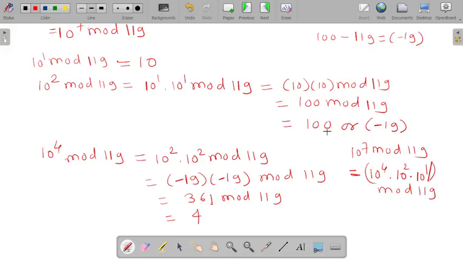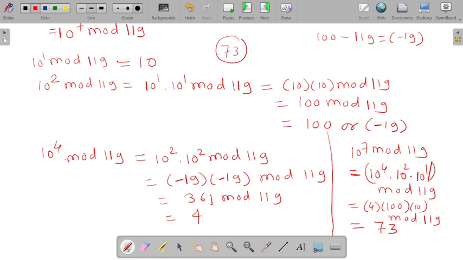After putting in the values, you get 4 into 100 into 10 mod of 119. And after putting this into the calculator, you get the answer 73. So 73 is the value of our ciphertext.